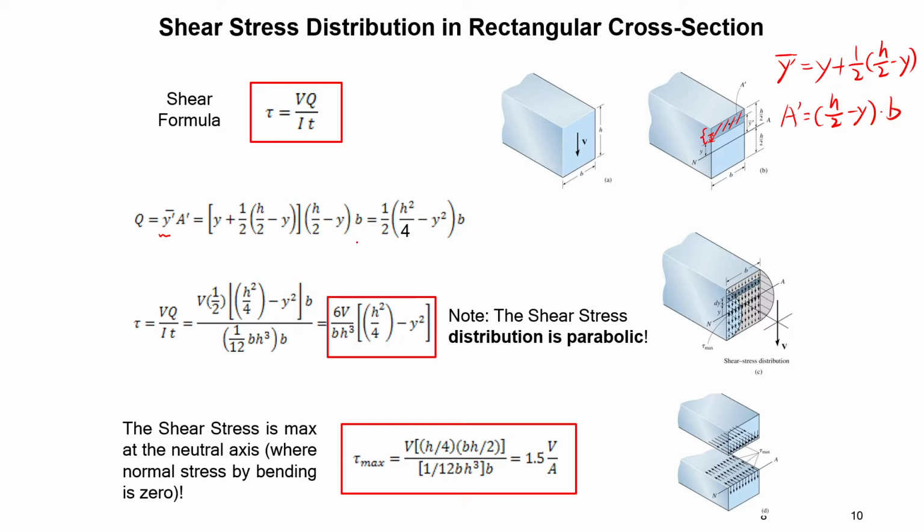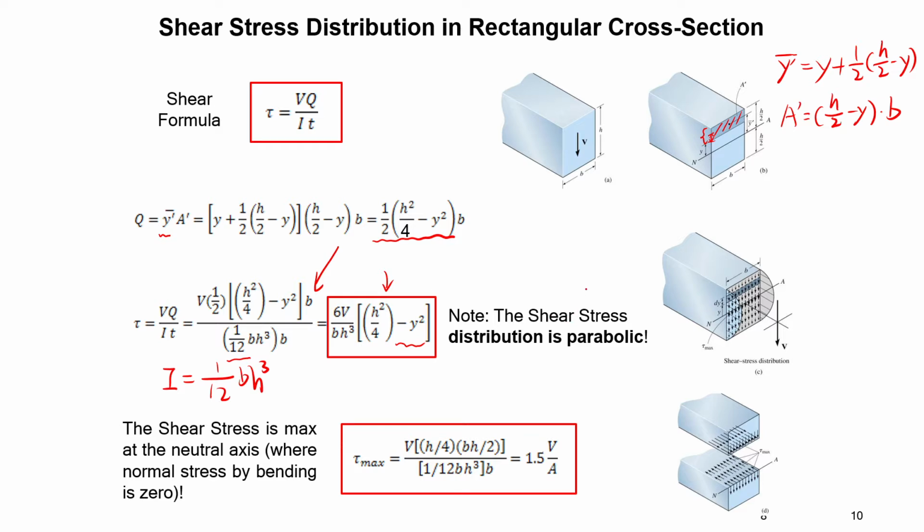So substitute that into this equation, you have Q denoted by this equation, go to here. And you know the cross-section of the beam is rectangular, and the moment of inertia is 1/12 b h cubed. And you can simplify to these equations, right? So essentially the shear stress distribution is a parabolic equation, determined by this part.